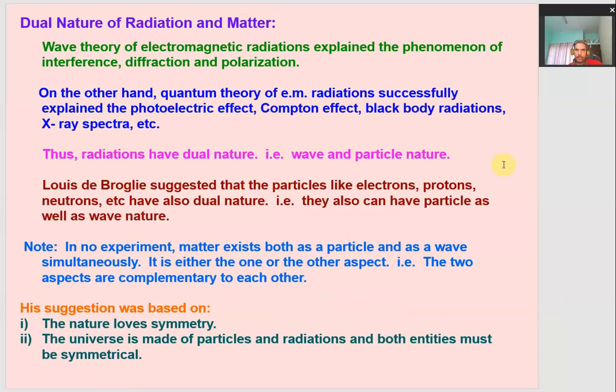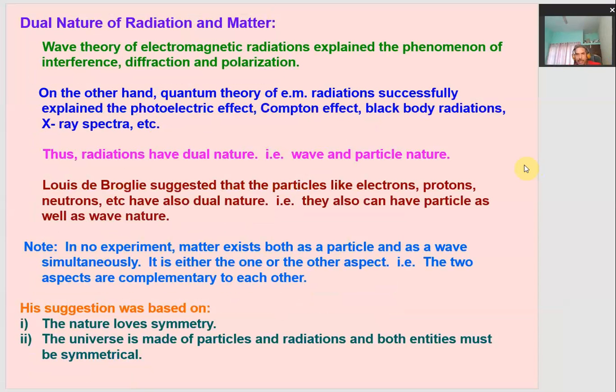Okay, so we have discussed the dual nature of radiations. In this we have discussed that the wave theory of radiation proposed by Huygens explains the phenomena of interference, diffraction and polarization, in addition to reflection and refraction, successfully and clearly.